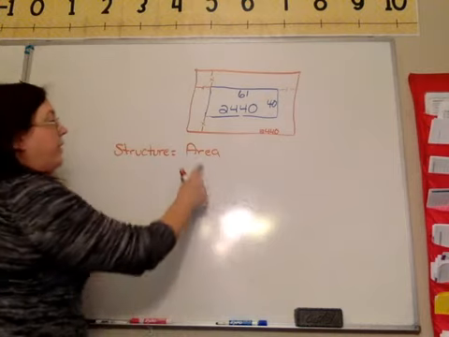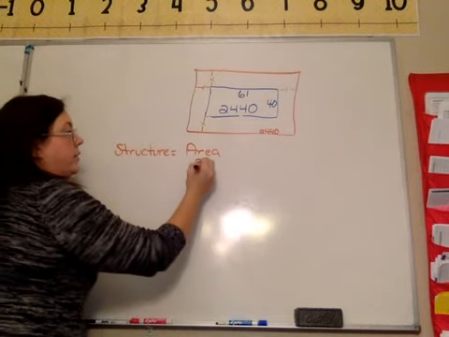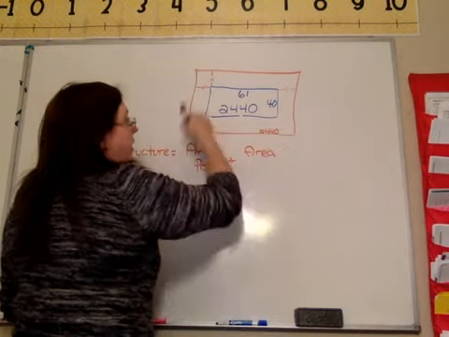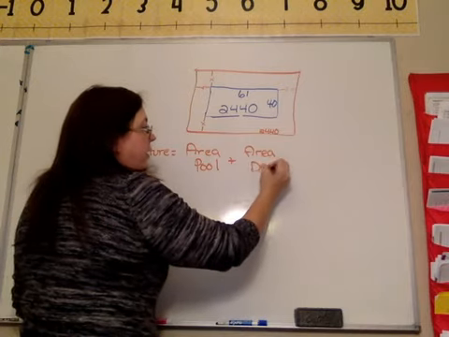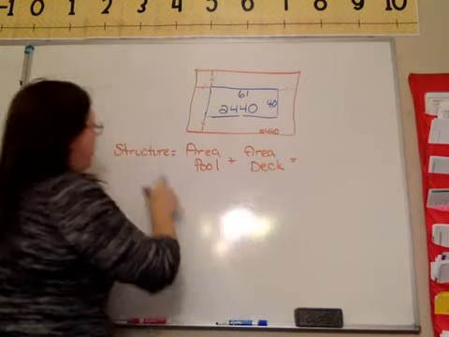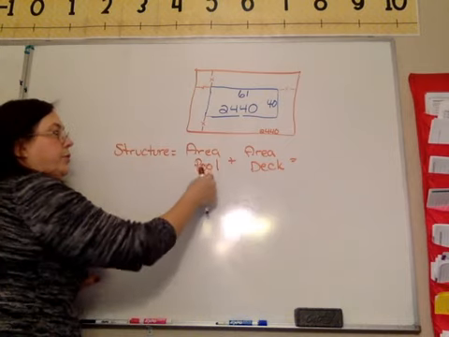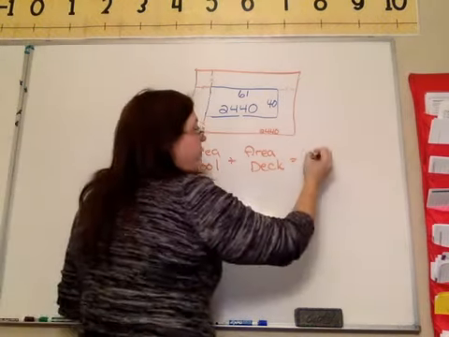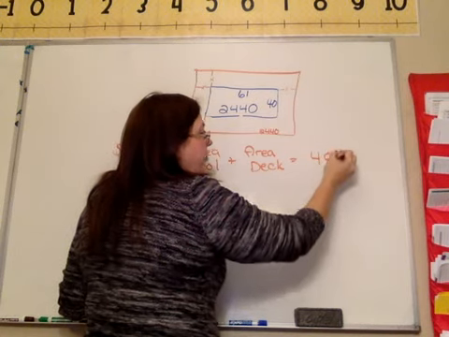That would be the area of the pool plus the area of the deck. The whole structure equals the area of the pool and the area of the deck. And we know that all of that equals 4,080.